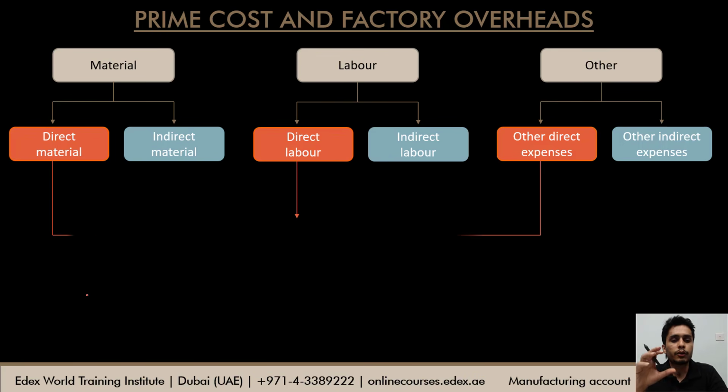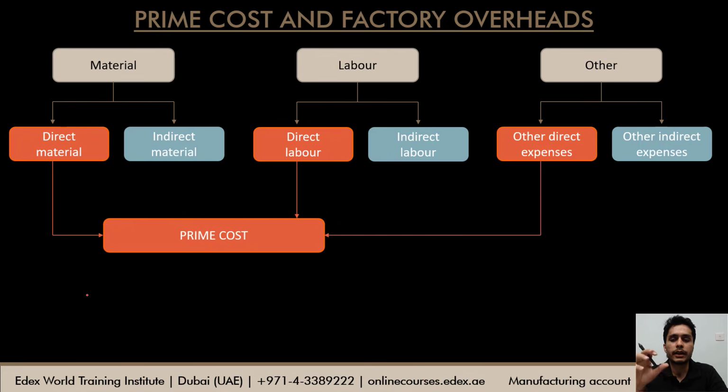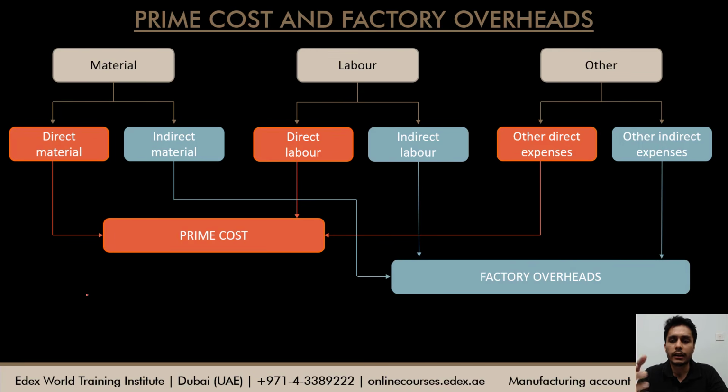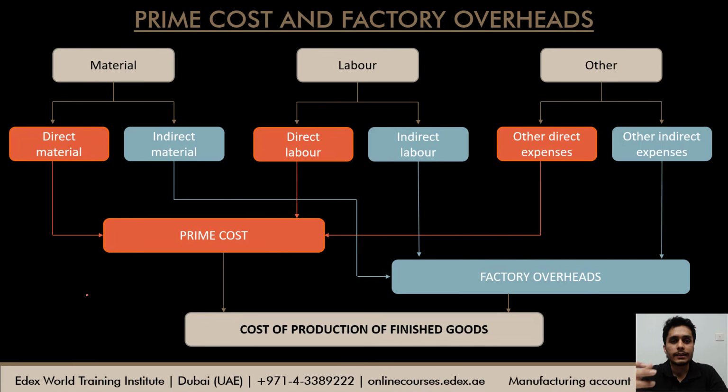So if I take a total of all the direct costs, direct material, labor and other direct cost, what I get is prime cost. And if I take a total of all the indirect costs, material, labor and other expenses, what I get is factory overheads. When I take a total of my prime cost and factory overheads, that's where I get my cost of production of my finished goods, which was the ultimate aim of preparing the manufacturing account.